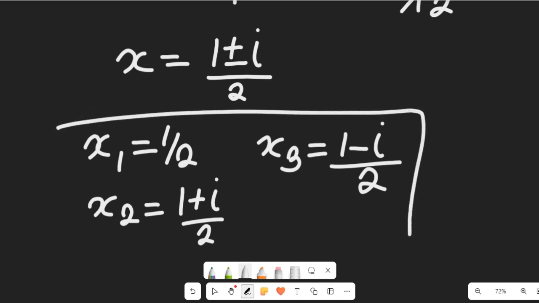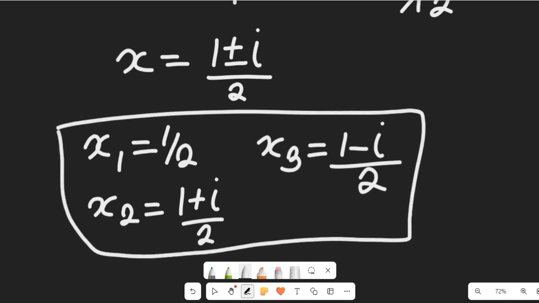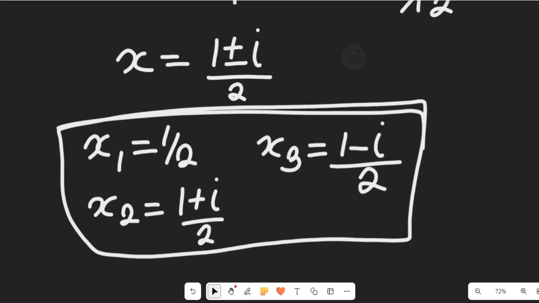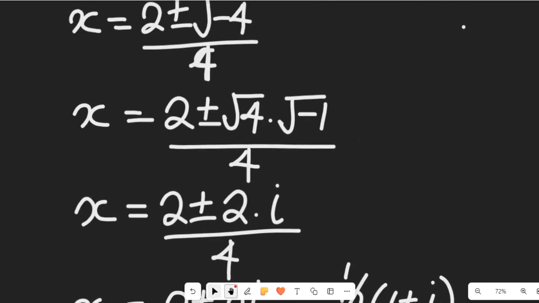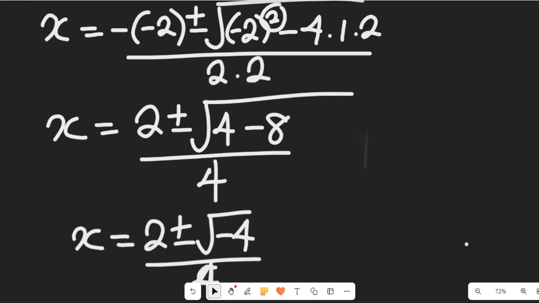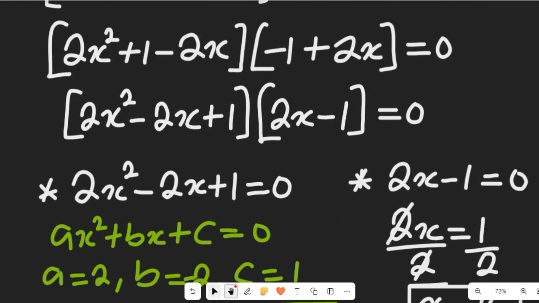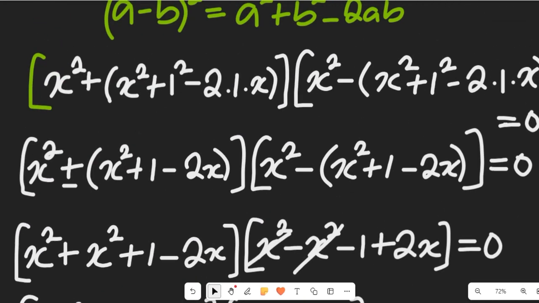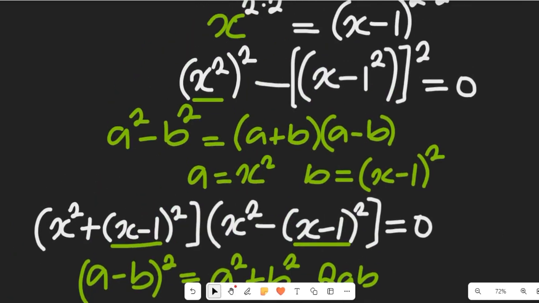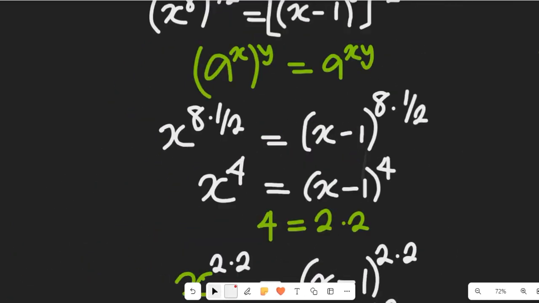All these are the solutions we will get from simplifying that expression. One real solution and 2 imaginary solutions are the solutions that come out from solving that expression given to us up here. So you see, very easy.